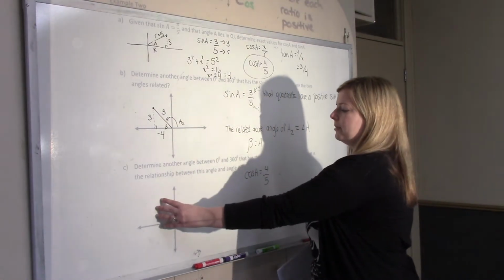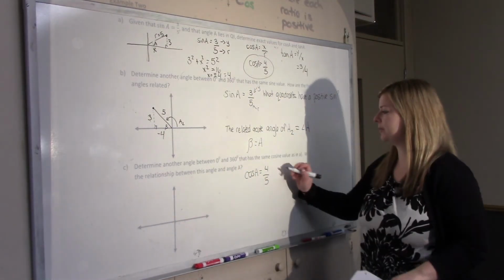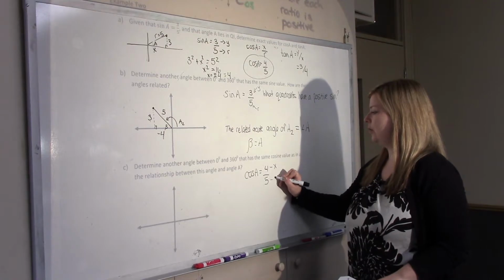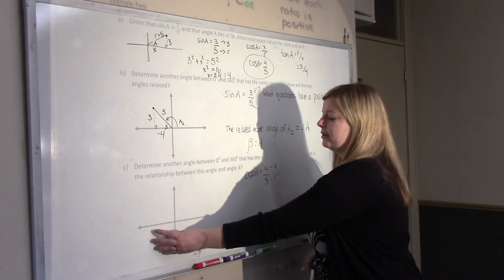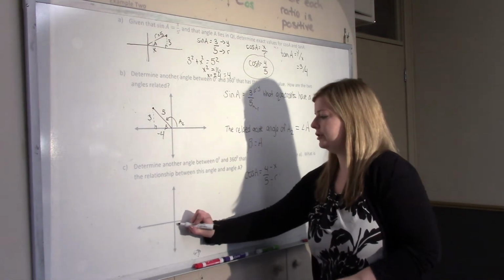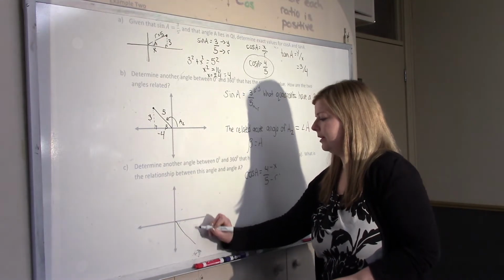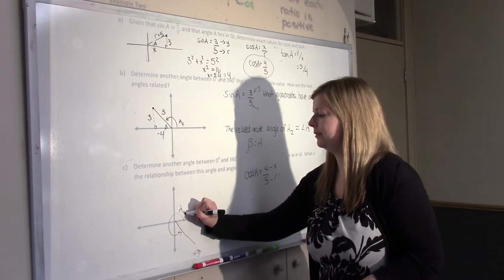So drawing a terminal arm in this quadrant wouldn't work, okay? Because cos is x over r. So x is not positive in this quadrant. X is also not positive in this quadrant, but it is positive in this quadrant. So you could have a terminal arm here. We'll call this A3.